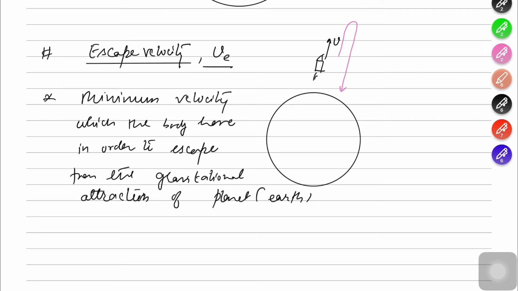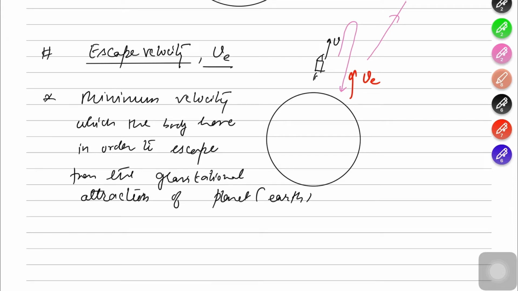So if we give some velocity, let's say VE, then it will never come back. Okay, so this minimum velocity at which the body is projected so that it escapes the gravitational attraction of Earth is the escape velocity.